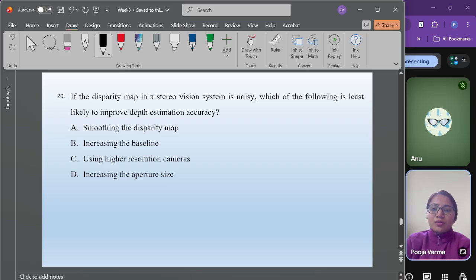Okay. Now moving to our next question. If the disparity map in a stereo vision system is noisy, which of the following is least likely to improve depth estimation accuracy? Option A, smoothing the disparity map. Option B, increasing the baseline. Option C, using higher resolution cameras. Or option D, increasing the aperture size.